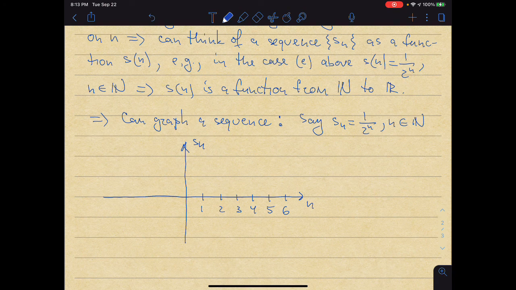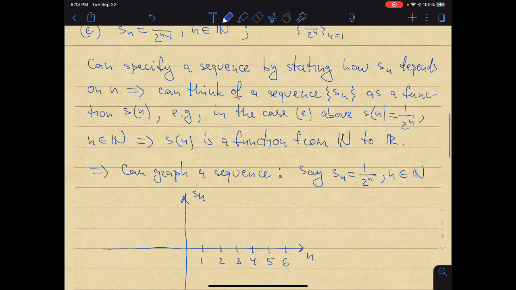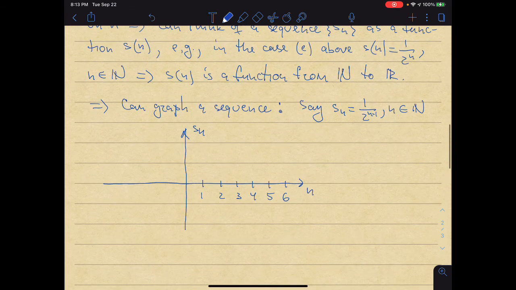So S1 is going to be, actually this is not exactly E, so let's do exactly, so Sn is 1 over 2 to the n minus 1. So then if n is equal to 1, we have 1 over 2 to the power 1 minus 1, that's 1, right? 1 over 2 to the power 0 is 1.